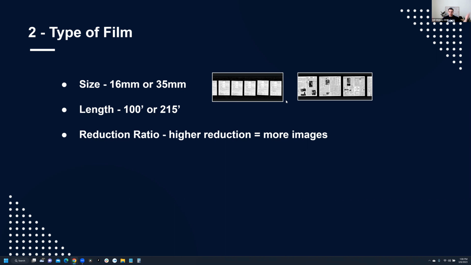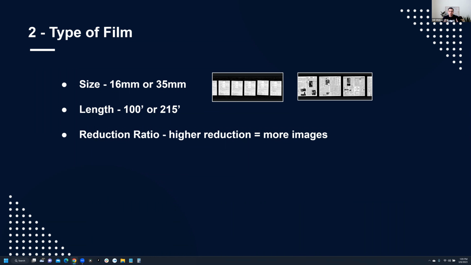It's 24x reduced to get the reduction ratio. 35 millimeter are typically like newspapers, 9 to 17x-ish. They vary, but the reduction ratio will come into play, especially when you may have a 100-foot film, 16 millimeter, where it's 48x reduction ratio, or you may have 215-foot film, duplex film, that's also 48x.